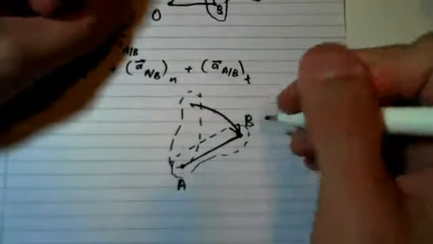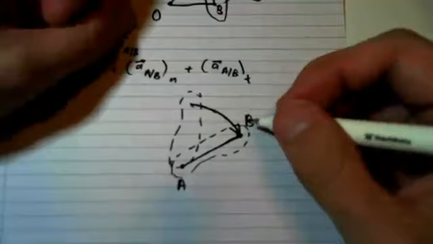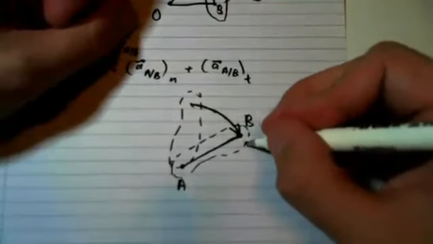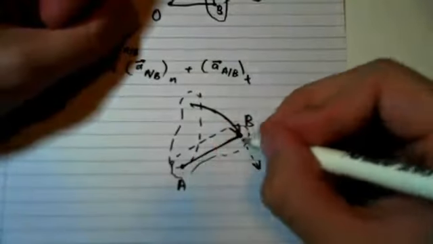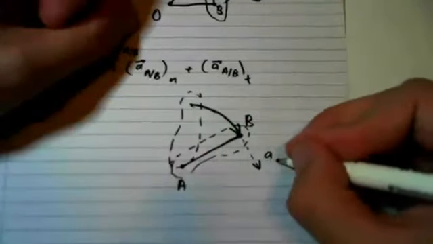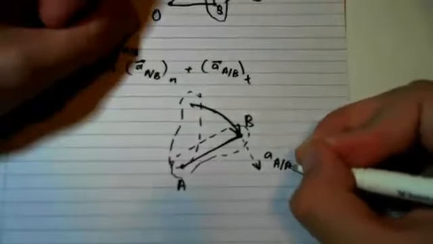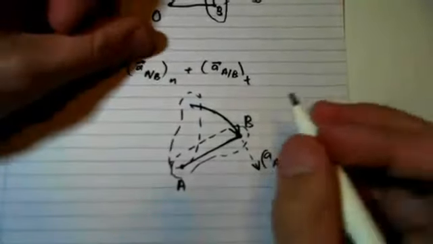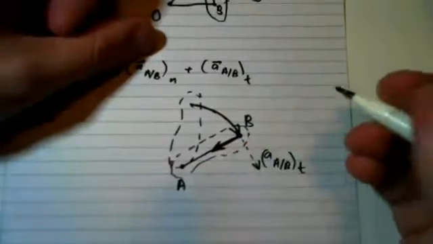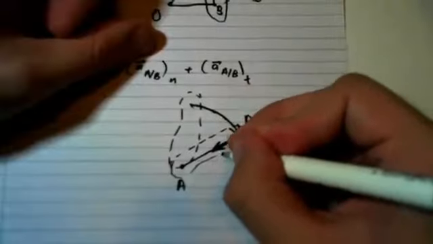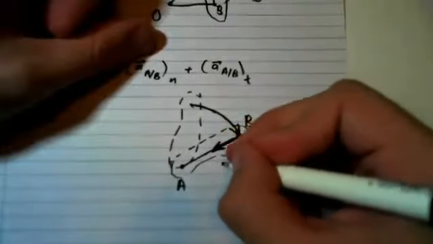This length here is going to remain the same. But if we're looking at the tangent and the normal components, the tangential component of acceleration is just going to be perpendicular to this length here at any given time. So this is going to be our acceleration A with respect to B tangential, and our normal acceleration is always towards the point that it's rotating about. So our normal acceleration would be this in here. A of A with respect to B normal would be this in here.